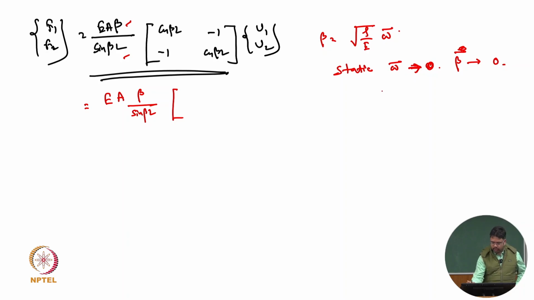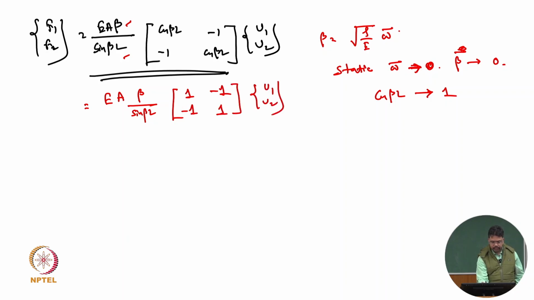Okay. So what will happen? Cos beta L tends to 1. So this is 1, minus 1, minus 1, 1. This portion is done. This guy, and here once we are taking it, we should take a limit. Limit beta tends to 0.